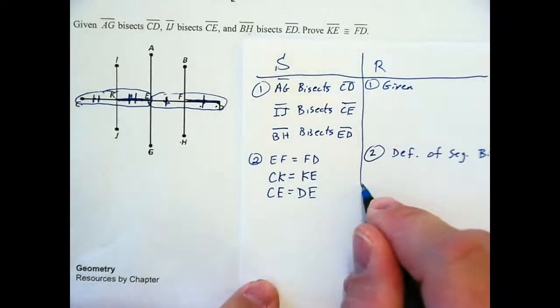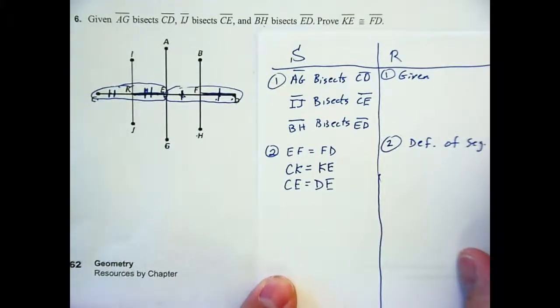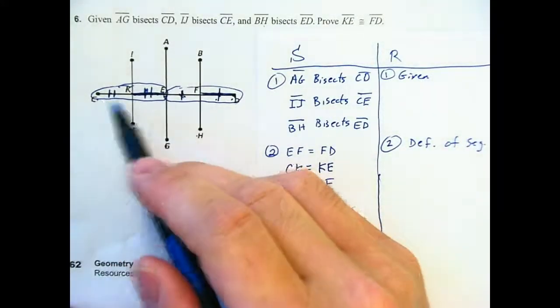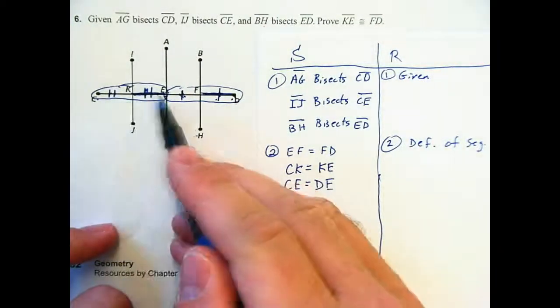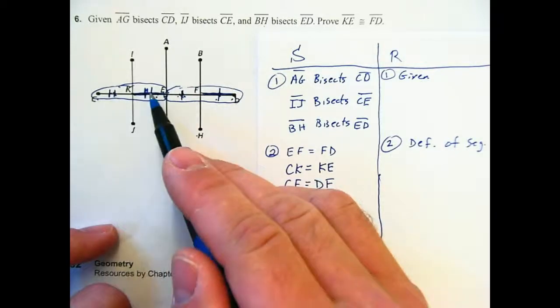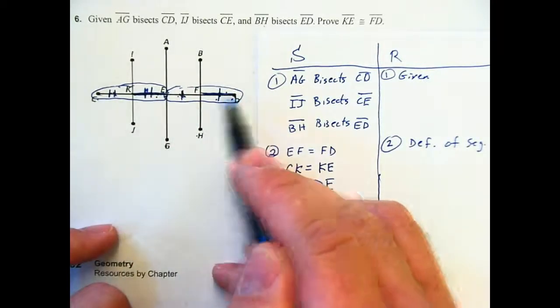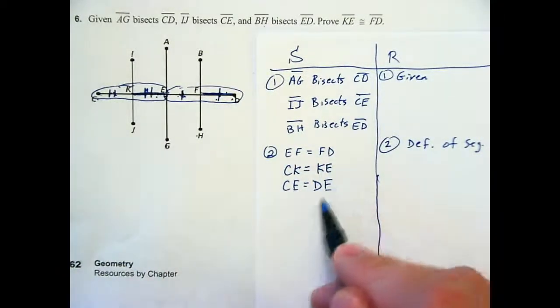So Abdul, what else do we know? Yeah, go ahead, help Carlo. CK plus KE is equal to CE. That would be helpful because if I can say this plus this equals that, and this plus this equals that, then I might be able to do something with substitution here, right?